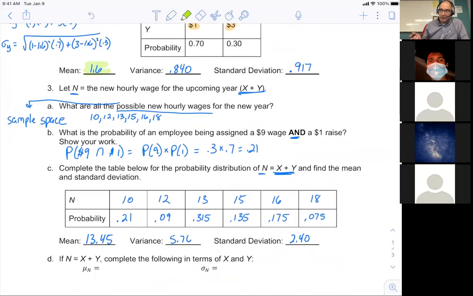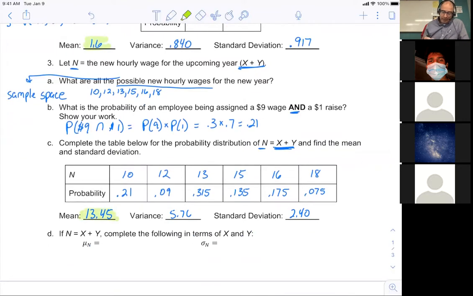Well, hopefully we piece together that if we add those together, we get 13.45. So that means in reality, if I want to find the mean of N, I don't have to go through that process that I just did of figuring out all the possible outcomes, figuring out all the new probabilities. In reality, to find out what the two outcomes together is, all I had to do was add the mean of X together with the mean of Y. That's all I had to do to get there. Okay.